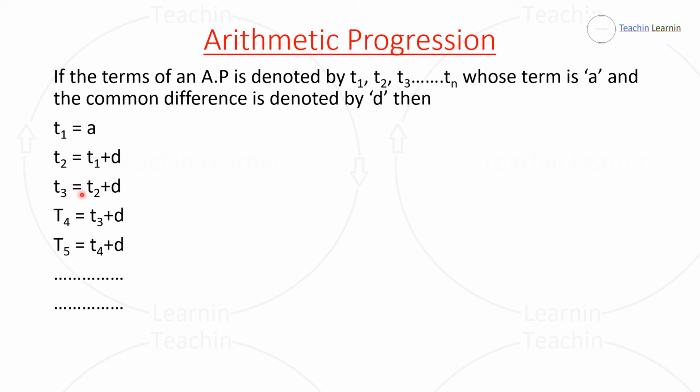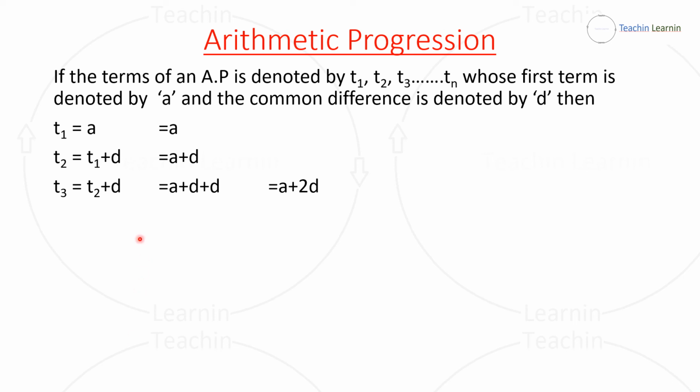T3 is T2 plus D, the fourth term will be T3 plus D, and the fifth term you can get by adding the common difference to its preceding term, that is T4. In this way you can find all these terms.